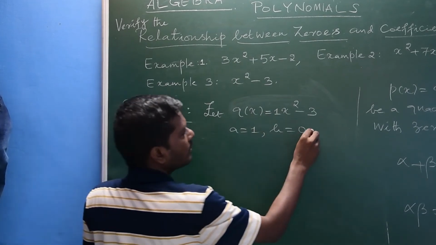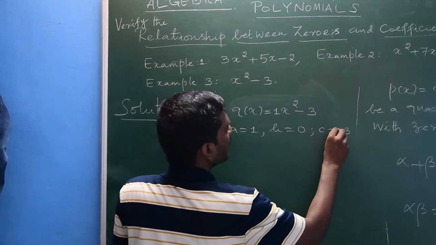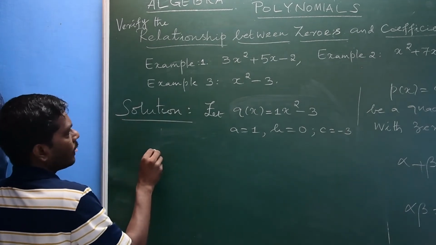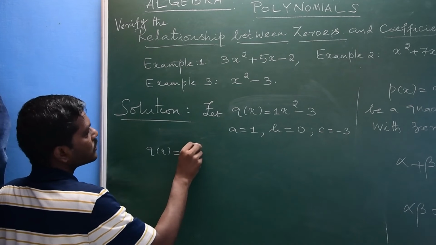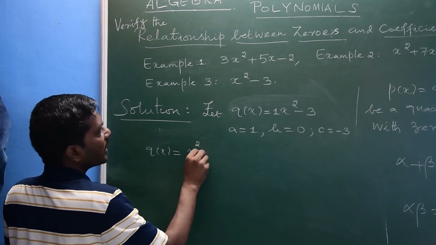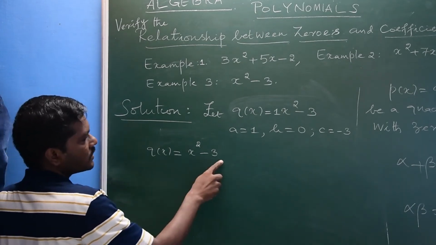So b is 0 and c is minus 3. Now let us find the zeros. So q of x is equal to x square minus 3.